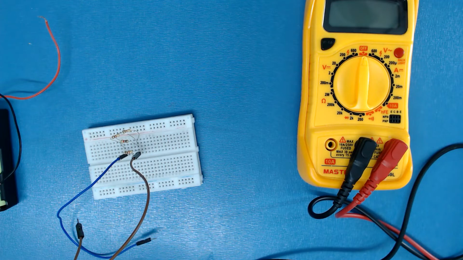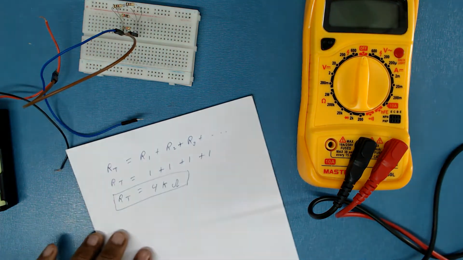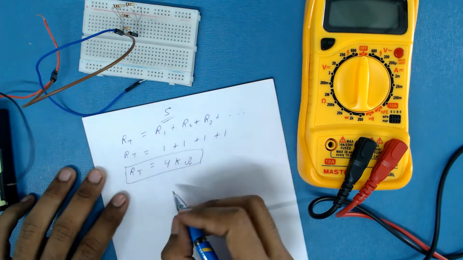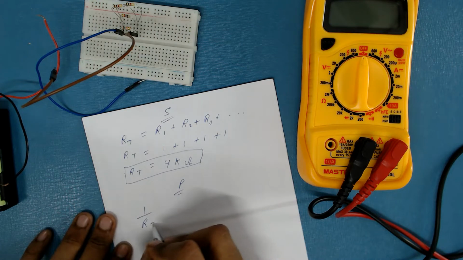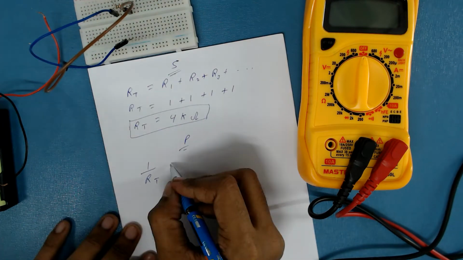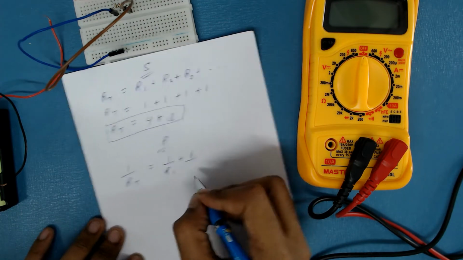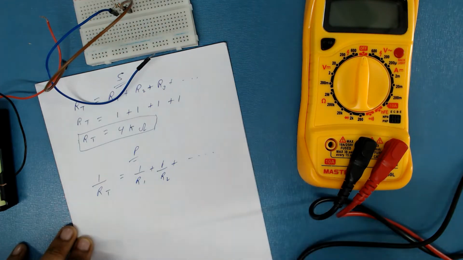Let's grab our paper. The previous one was the series combination. Now we have the parallel combination. In parallel, 1 upon RT, where RT is the total resistance, equals 1 upon R1 plus 1 upon R2 plus 1 upon R3 and so on.